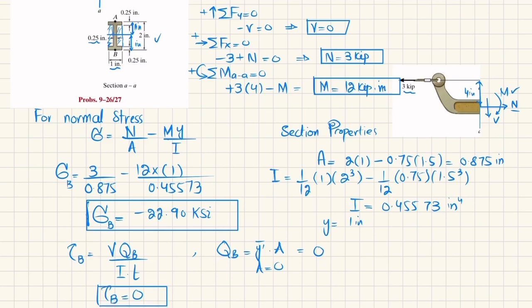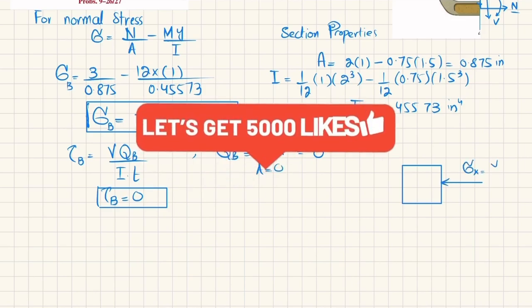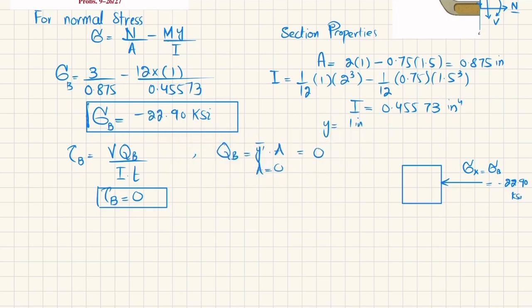Now if we draw the state of stress element, it will be like this. If this is the element, clear? This is the element. The only stress in the x direction is compressive stress, that is, sigma x is equal to sigma B is equal to minus 22.90 ksi.